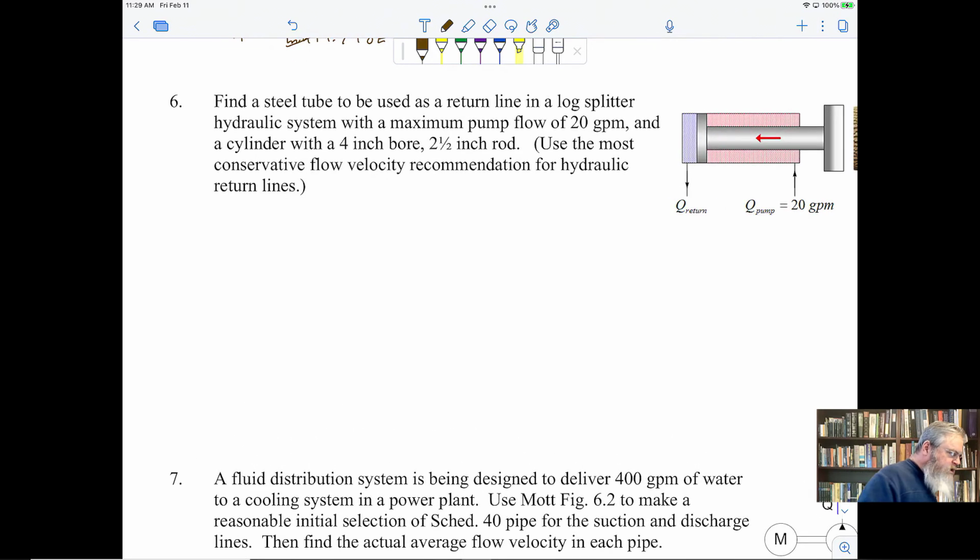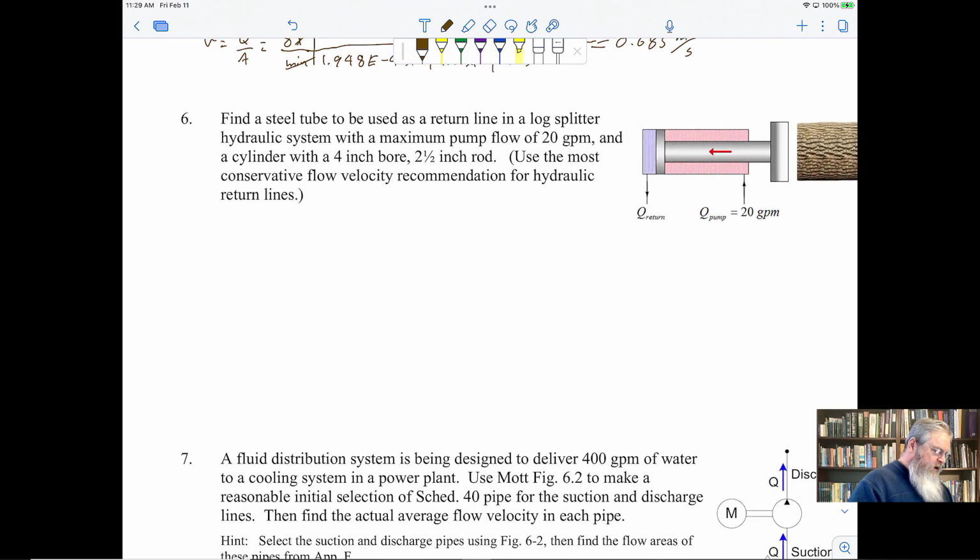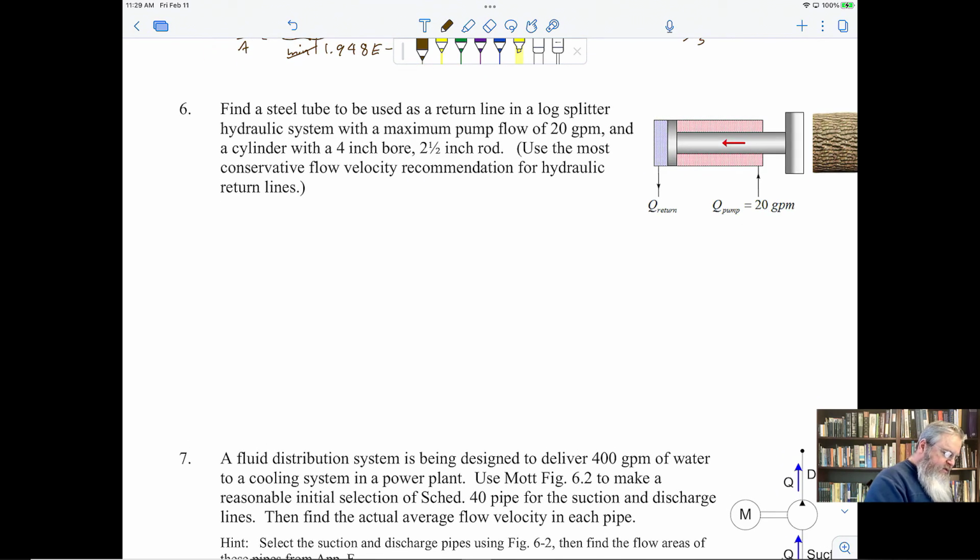So we need to know the flow. We want to know what Q return is. It's basically about the area ratio, so we need to calculate the areas. The return flow, Q return, equals Q pump times the area ratio, which is the extend area over the retract area.